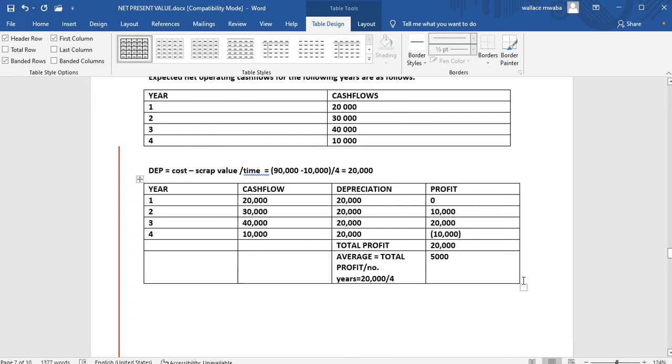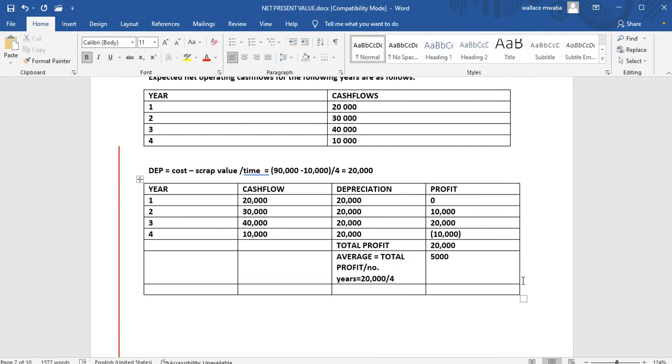Average investment equals cost plus scrap value, divided by 2. The cost is 90,000, plus 10,000.